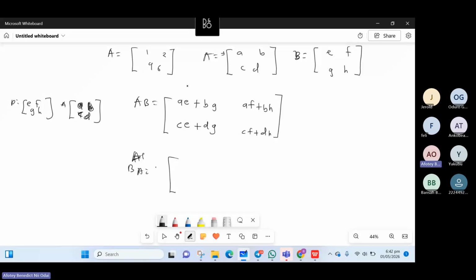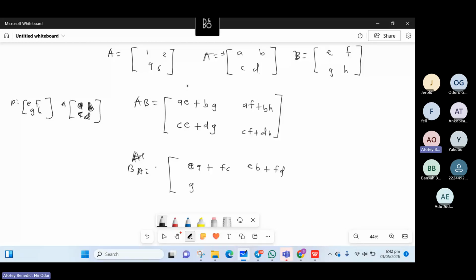So for BA, we get EA plus FC for the first one. For the second, EB plus FD. For the third, GA plus HC. And finally, we get GB plus HD.